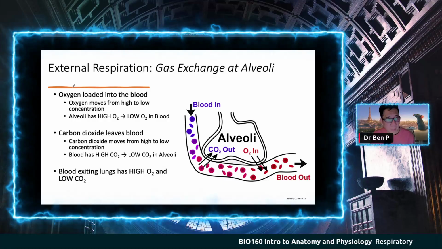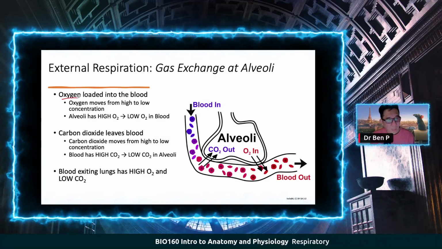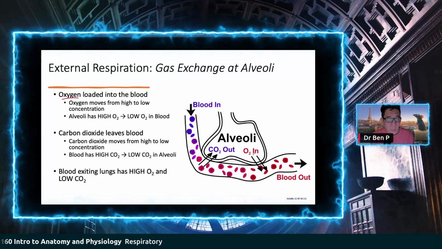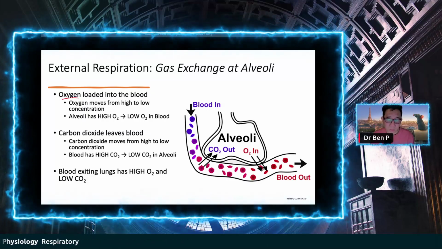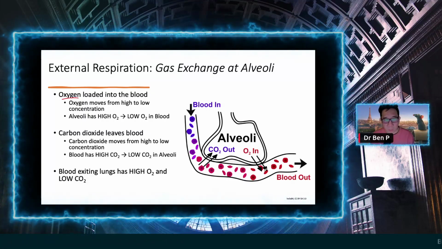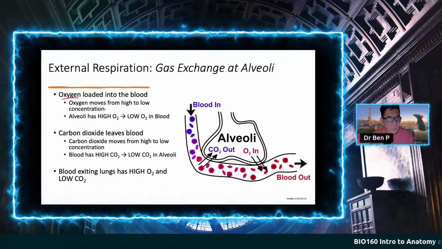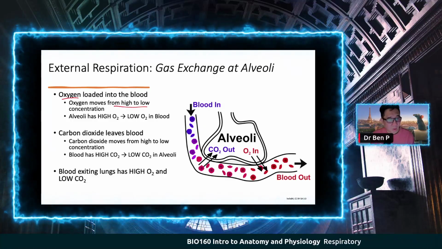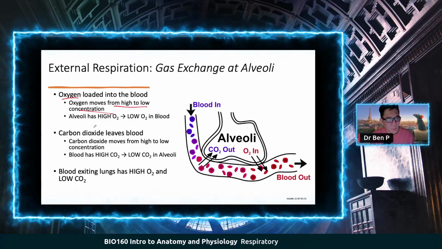Okay, so oxygen. When you breathe in, you're actually loading oxygen into your bloodstream. Okay, when you breathe in, you're loading up the oxygen. So oxygen always moves from high to low concentration. High to low concentration.